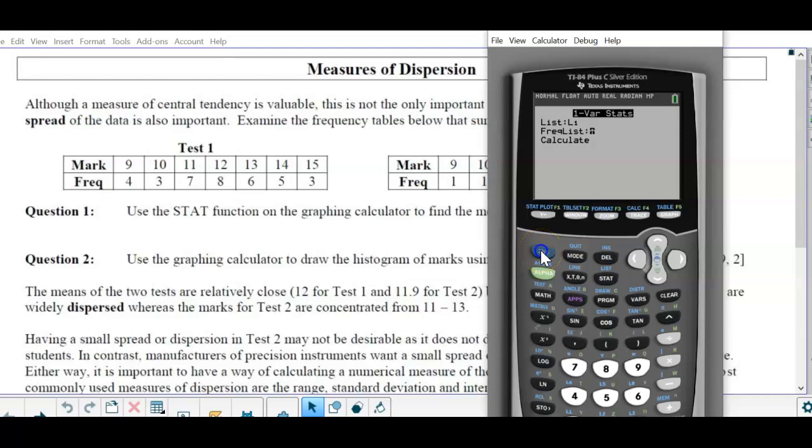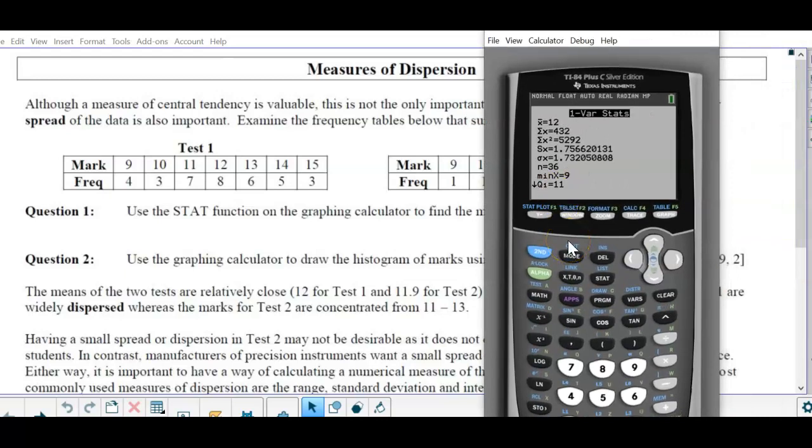So then you go second 2 to get L2. If you don't do that, it's going to calculate the mean of 9, 10, 11, 12, 13, 14, 15. So you have to put the frequencies in there. And then enter or calculate depending on your version. Okay, so the mean is 12.